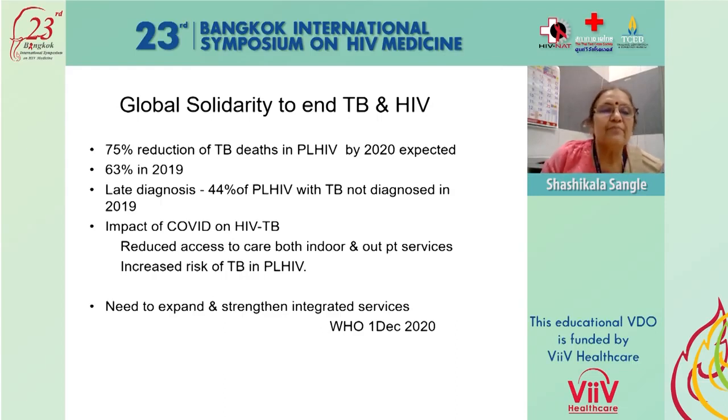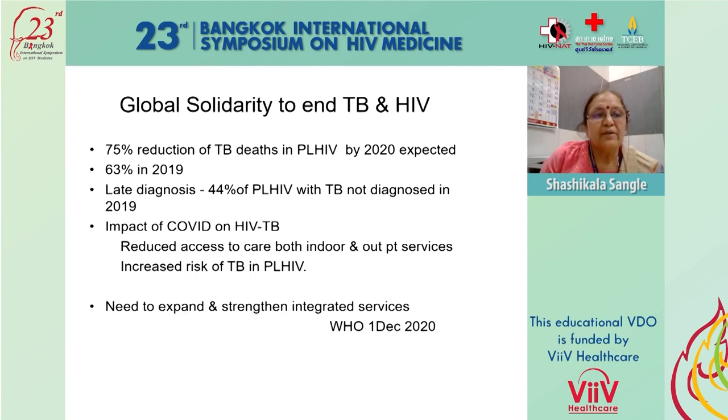It was expected that in 2019 there would be a 63% reduction of TB deaths, and in 2020 a 75% reduction was expected. But why is this not achieved? Because there is late diagnosis. Only 44% of male HIV tuberculosis patients were diagnosed in 2019, and therefore early treatment was not possible.